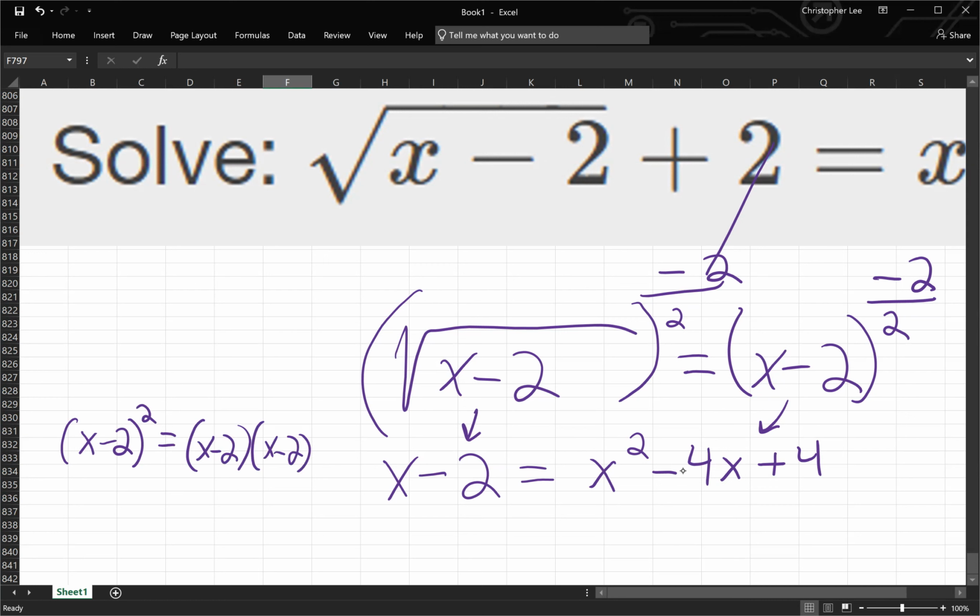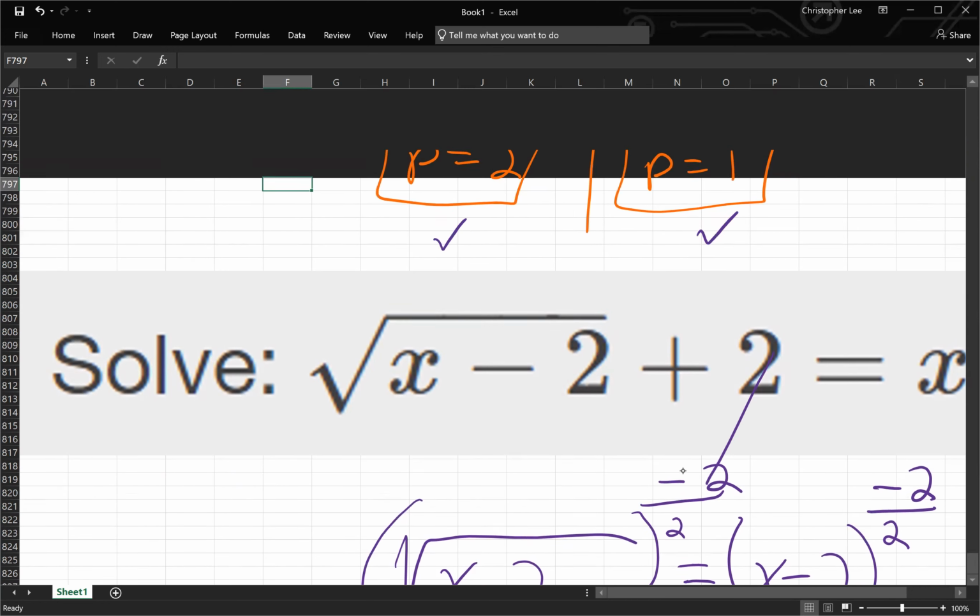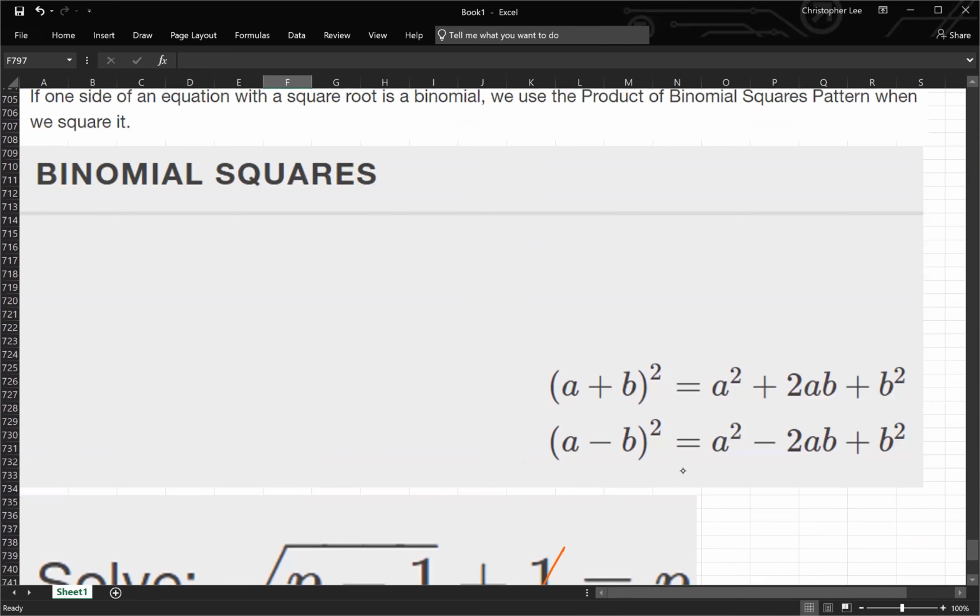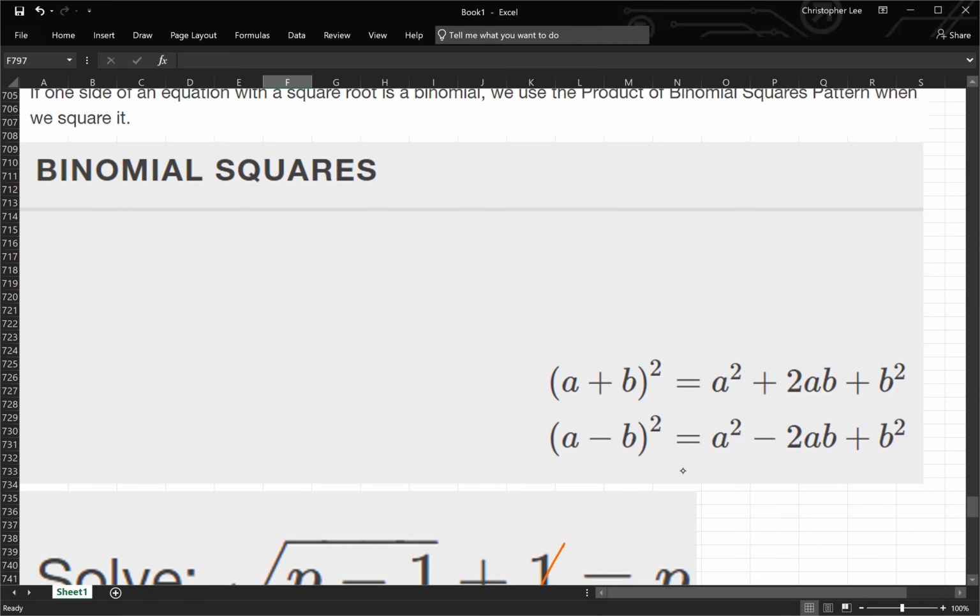Okay, I'm just doing it in my head. Actually, no, let me stop lying. I'm not doing it in my head. I'm just copying this formula right here. If this was x minus 2 squared, you already know what this is going to be, right?